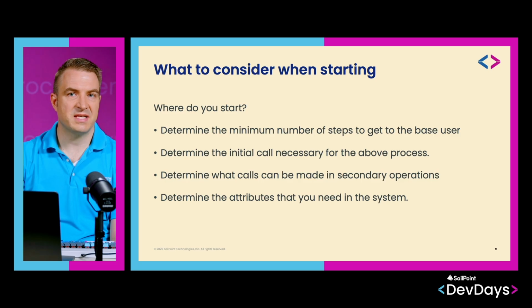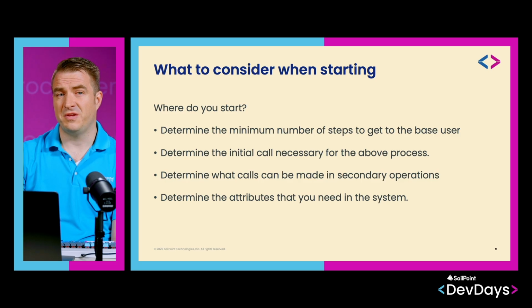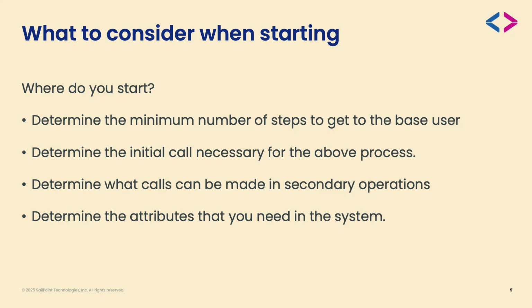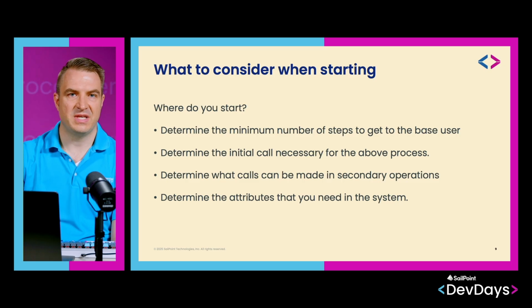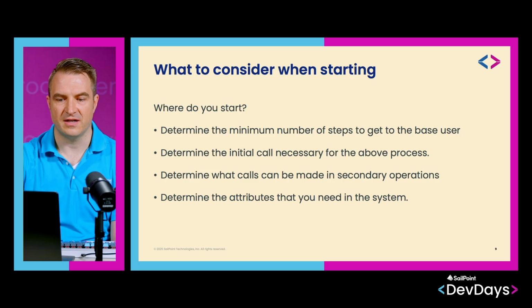What I mean by secondary operations are operations that get you data that you need, but don't necessarily need to be done to get you to the initial user. So if it's a folder and folder admins, and there's an endpoint to get folder details, you may not need that in your user process. That could be a secondary operation that's added to another HTTP operation later.